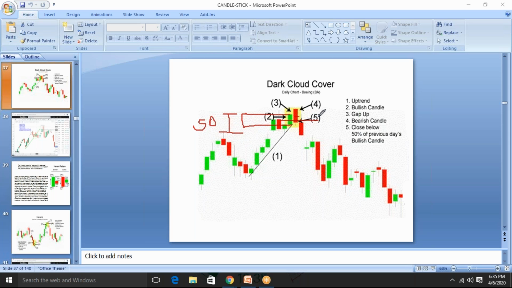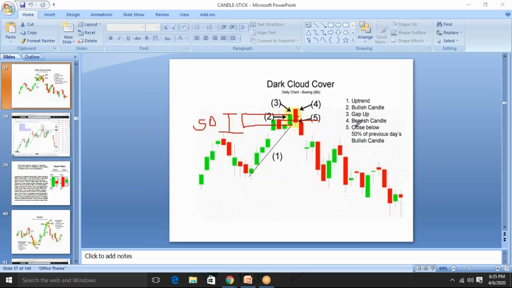So its closing should be at least 25 points. Then only we can consider it as dark cloud cover. Initially, you can check by price range tool, or if you are able to find it by naked eye, you can simply do tests based on that.